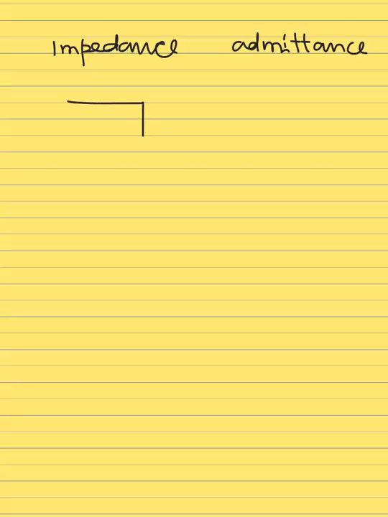Okay, so we're looking at impedance and admittance. Impedance, for the time being, could be any combination of resistance, inductance, and capacitor, and we're just going to draw it with a rectangular box.